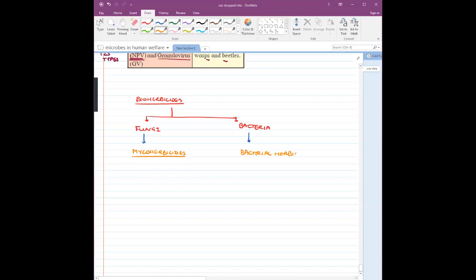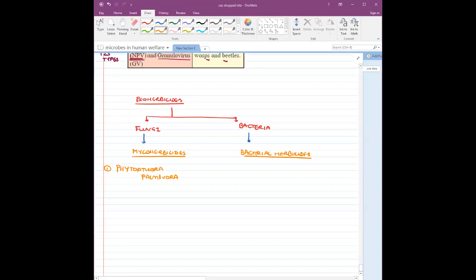But now when we talk about these mycoherbicides, remember we are talking about three. First one, we have Phytophthora palmivora. Very important, guys. In your exams, they will always ask you this one.